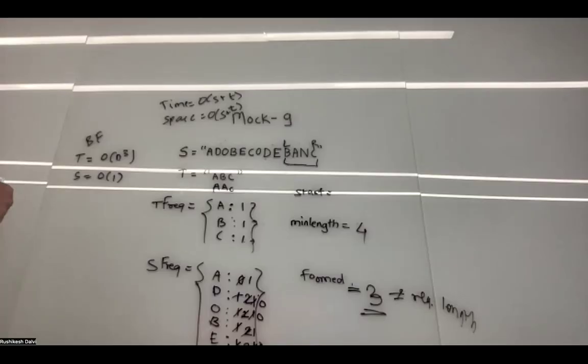When you are decrementing, basically when you are squeezing the window, at that time also you have to check whether the character is present in the T frequency map. If it's present, you have to check along with its frequency also. Yes. Okay, so make sure to explain all these things as well.